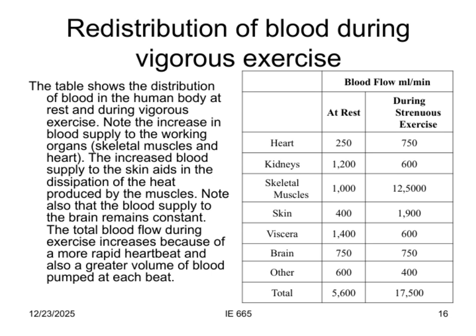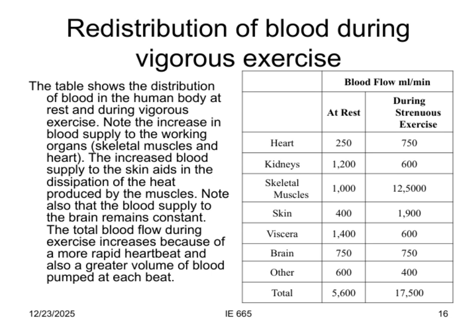On the other hand, some organs, like the kidneys and viscera, actually see a decrease in blood flow during exercise. The kidneys, for example, go from 1,200 down to 600 ml per minute, and the viscera from 1,400 to 600 ml. This redistribution allows the body to prioritize blood flow to the muscles and skin.